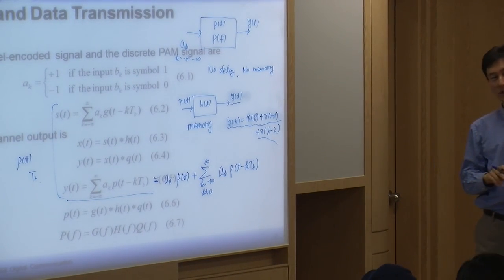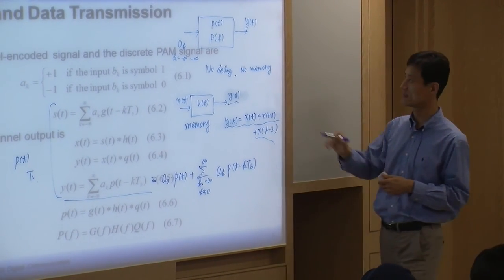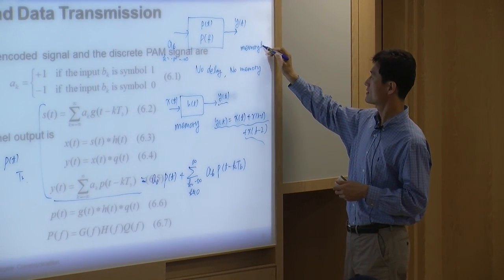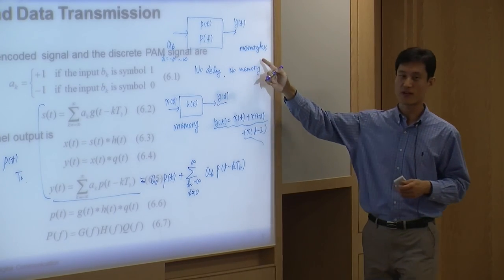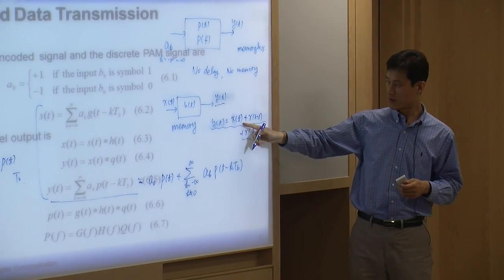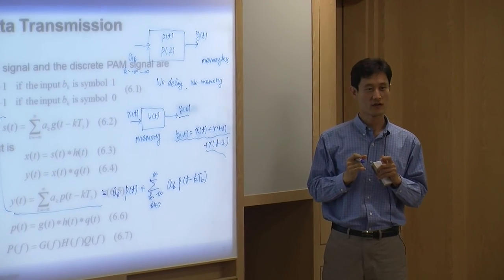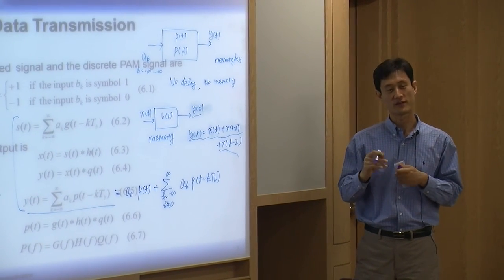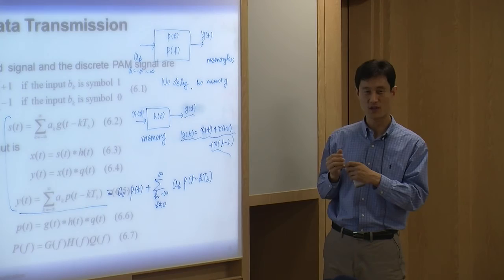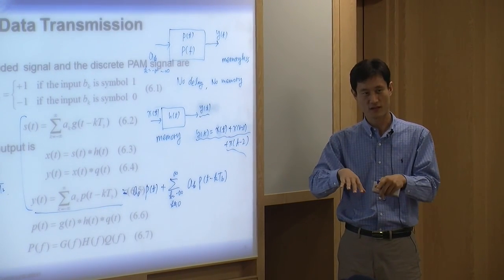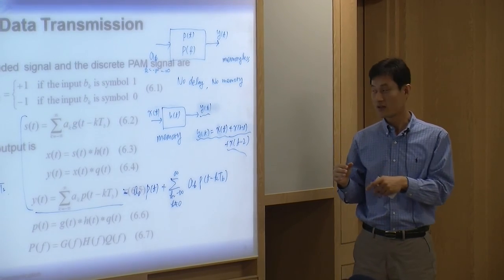Or you can call this memoryless. Because when you have a memory, as I said, all these three samples are combined together. That's the output you have. In that case, it's very difficult to separate because it's all mixed together. How do you separate it? It's very difficult to do.